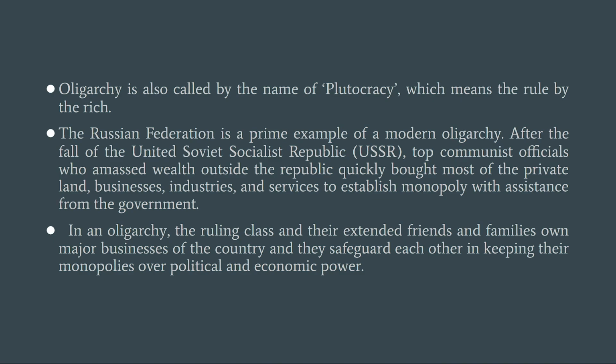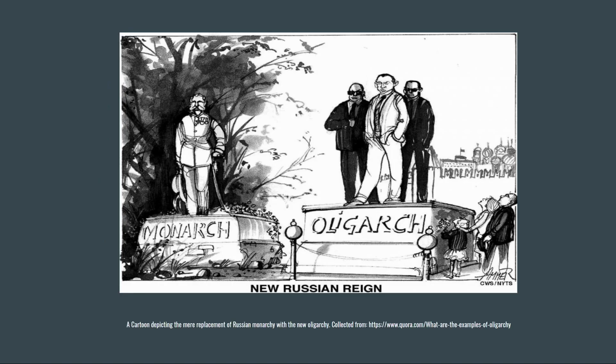That is how they got richer, and even now they and their family members are controlling the whole Russian economy. In an oligarchy, the ruling class and their extended friends and families own major businesses of the country, and they safeguard each other in keeping their monopolies over political and economic power.